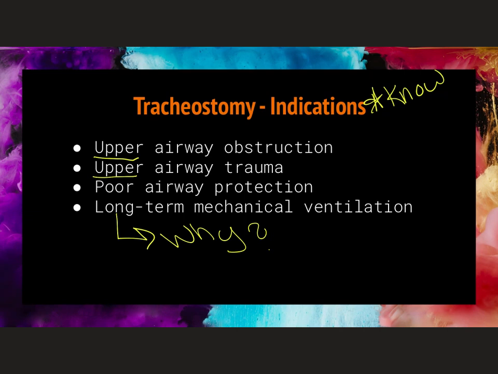It decreases the work of breathing because if a patient is anxious and uncomfortable, and then we're adding extra dead space, because if you look at a trach compared to an ET tube, the trach is just in the trachea. The endotracheal tube has to travel down farther to get to the lungs.